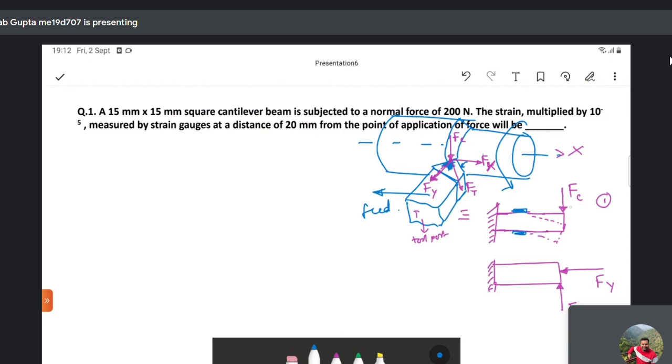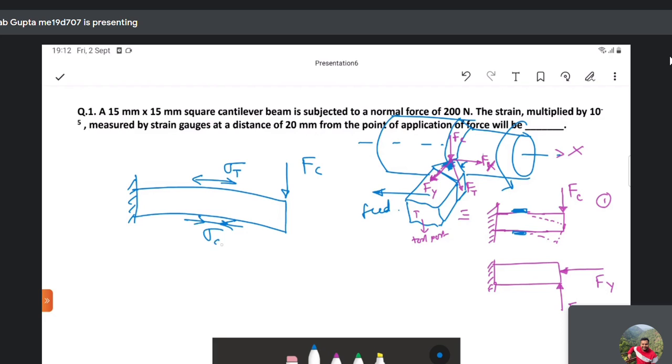Now due to this force Fc, this is my cantilever beam, and due to this load Fc, there is a tensile stress on the upper surface and a compressive stress on the lower surface of the beam. I hope you agree with me on this.